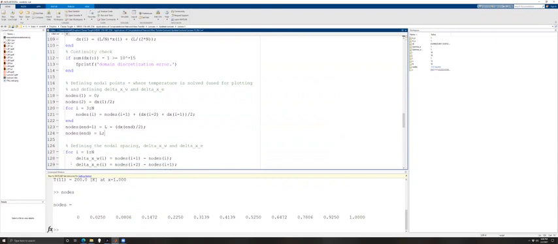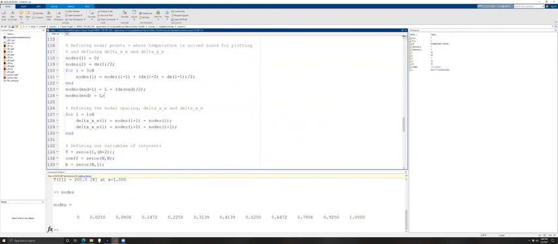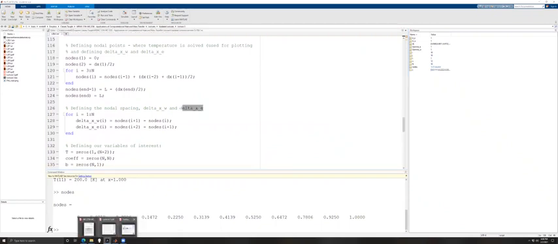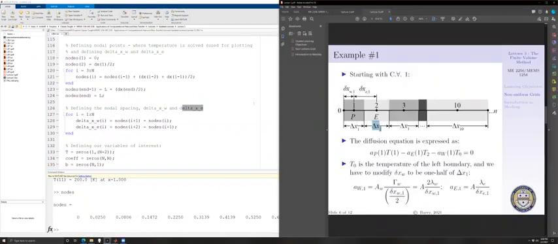Now, all we have to do is define our nodal spacing, i.e. delta x west and delta x east. That's it. We're almost to the end. So when we do this, we need to determine delta x1 west and delta x1 east. So delta x west 1.